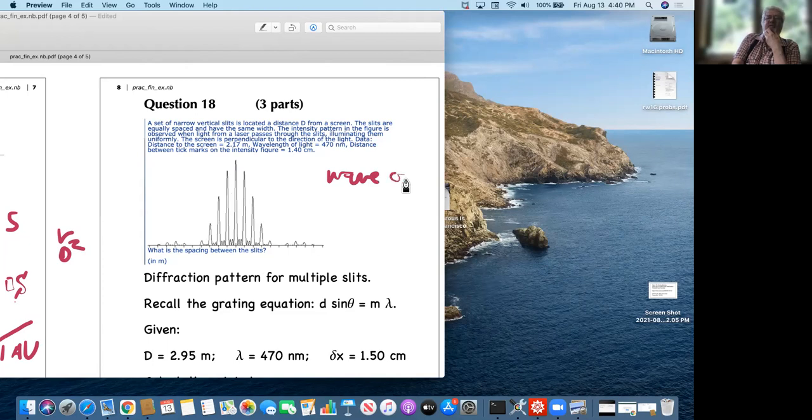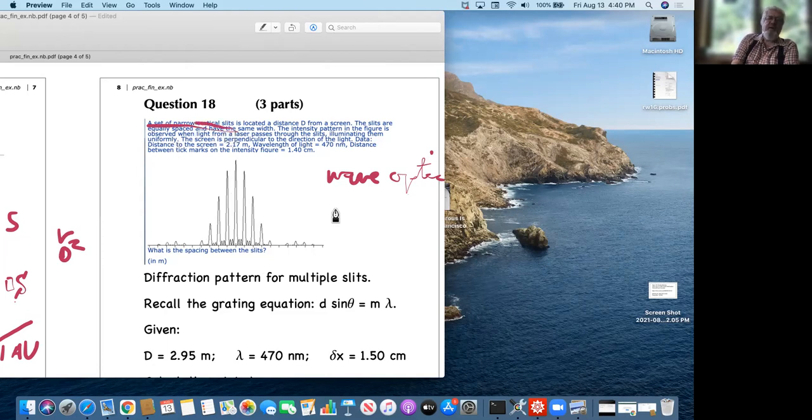It's diffraction. But this is kind of a hard one because it's got 2 kinds of diffraction. You have a set of narrow vertical slits.